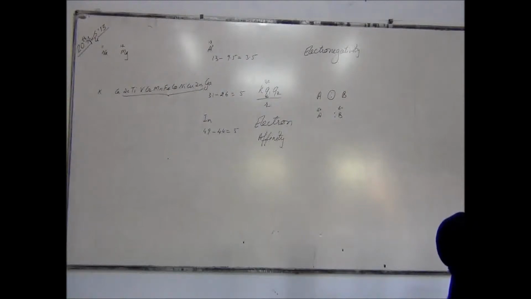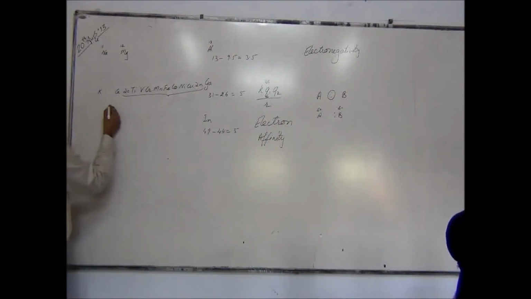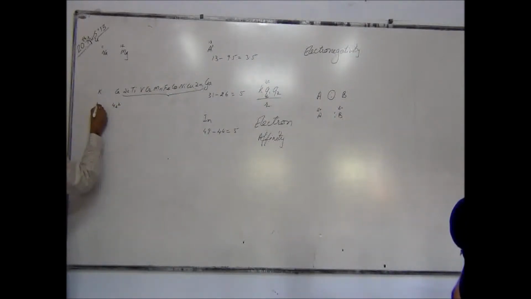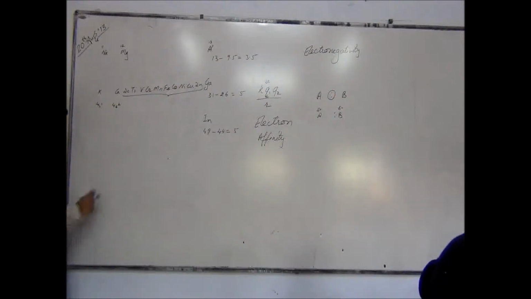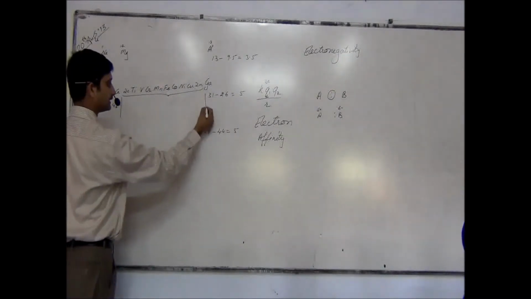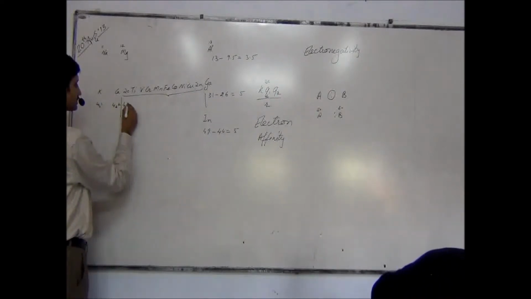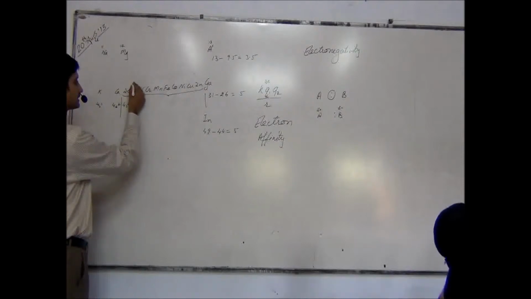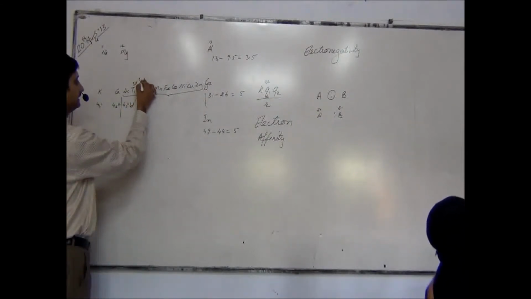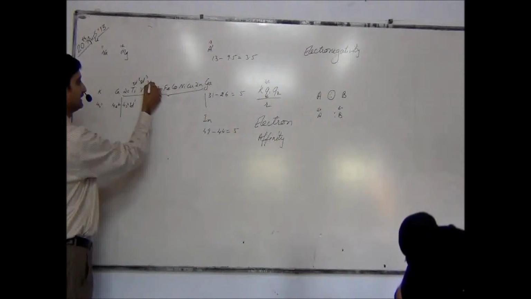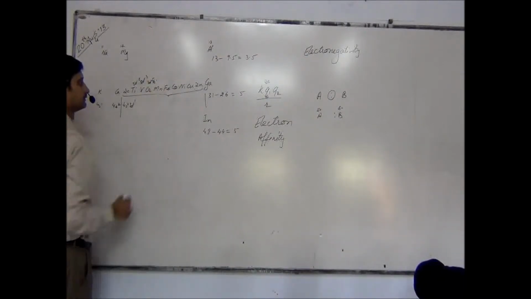Now these 10 elements have a peculiar thing. Here the configuration is 4s1, this is 4s2. But from here till here, the s orbital remains as it is, and the electrons in the n-1 d orbitals are increasing. The configuration here is 4s2 3d1. This is 3d2, this is 3d3, this is 3d5 4s1.